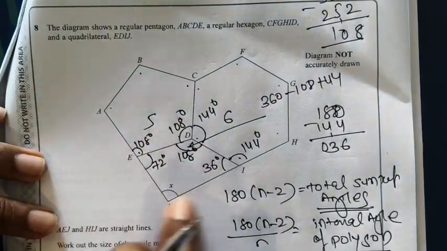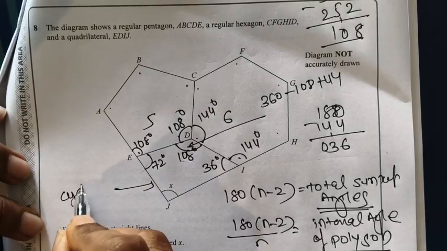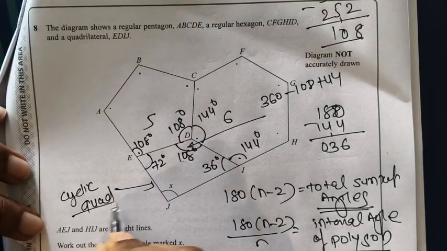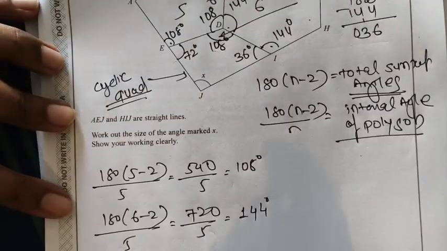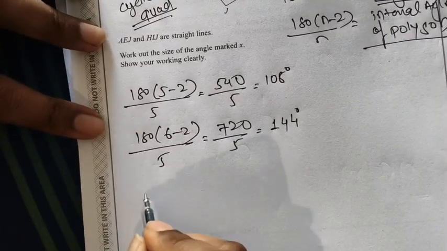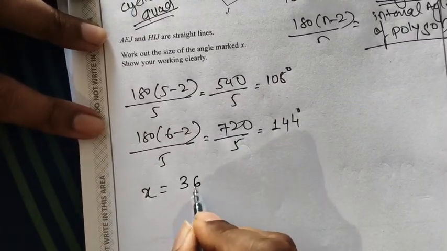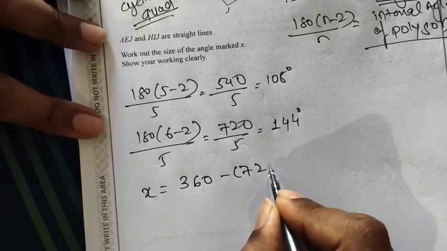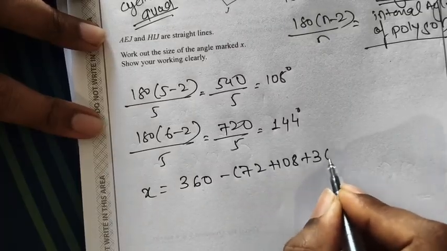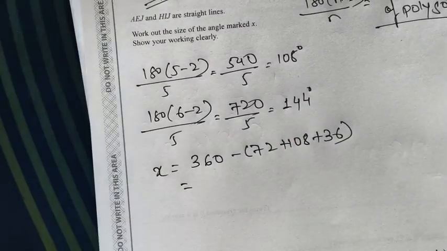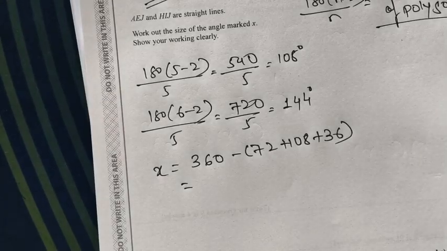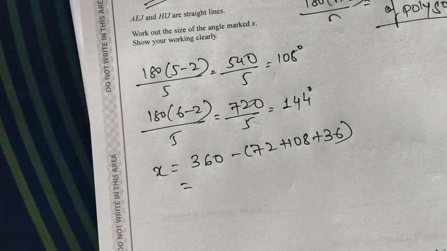Now it's a cyclic quadrilateral, correct? So I will write x is equal to 360 minus 72 plus 108 plus 36. Do you want to try and see how much we are going to get the answer as? Please do 360 minus 72 minus 108 minus 36, which is 144.